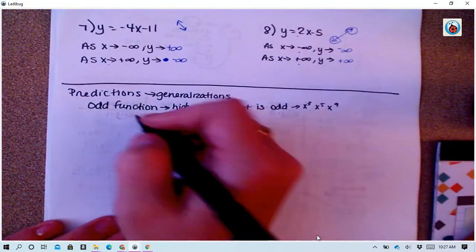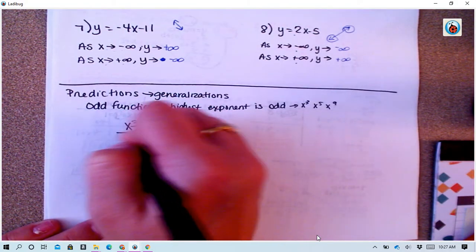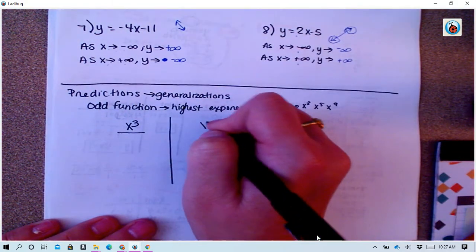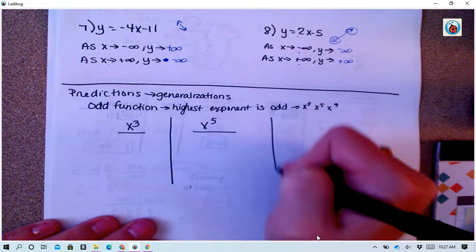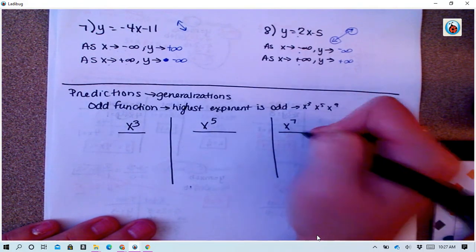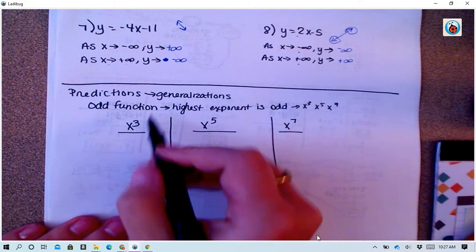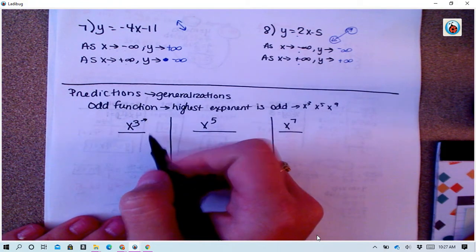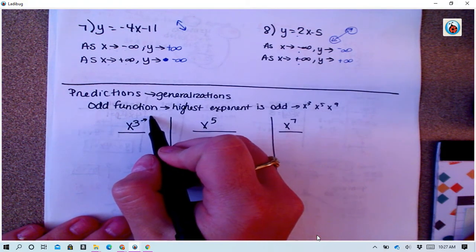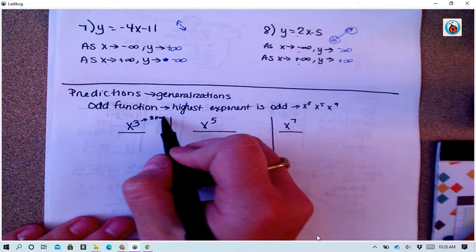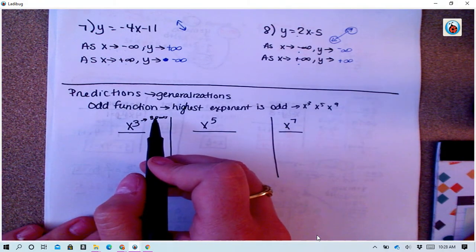So if you were to graph x cubed, and then x to the fifth power, and then I'm going to talk about x to the seventh power. X cubed means that it has the possibility of having 3 roots because of the power of 3.